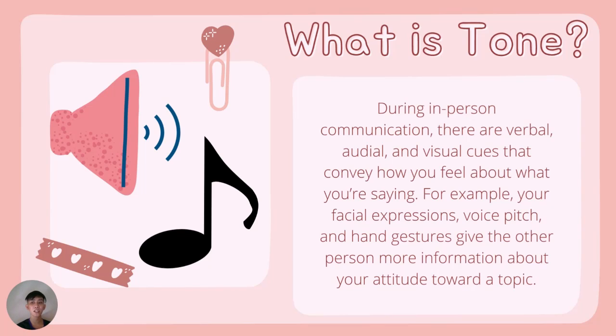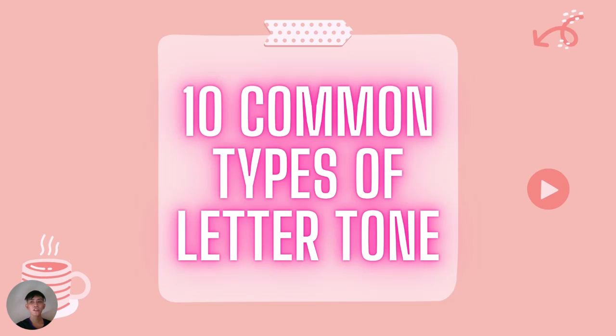Certain words, sentence structures, and punctuation choices elicit different types of tone. There are many types of tone, making the possibilities endless as you craft your personal voice in your writing. The next slides are the 10 most common tones as well as specific vocabulary and techniques you can use to achieve them.